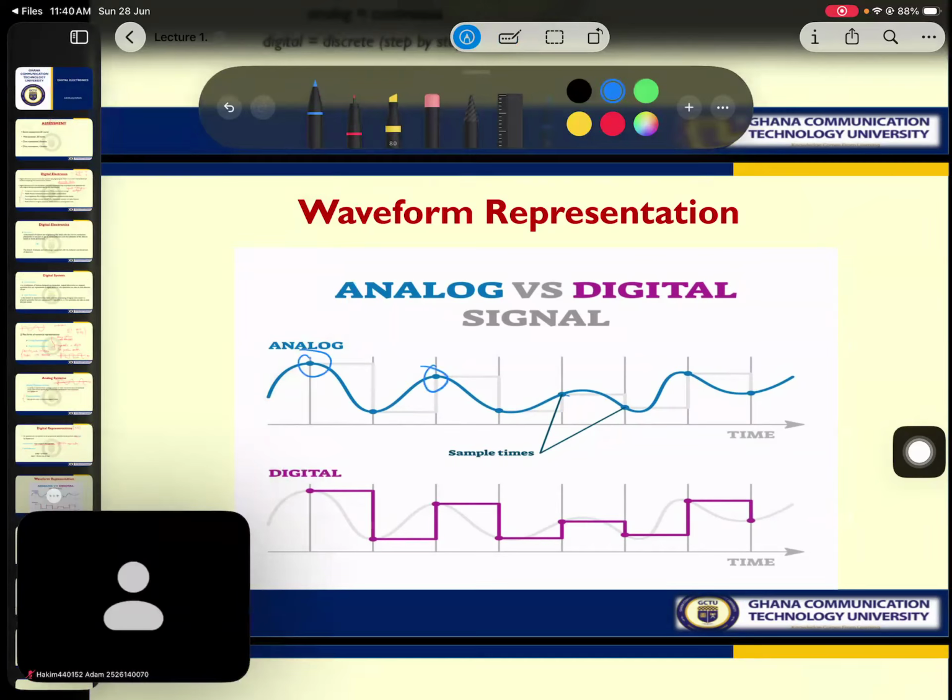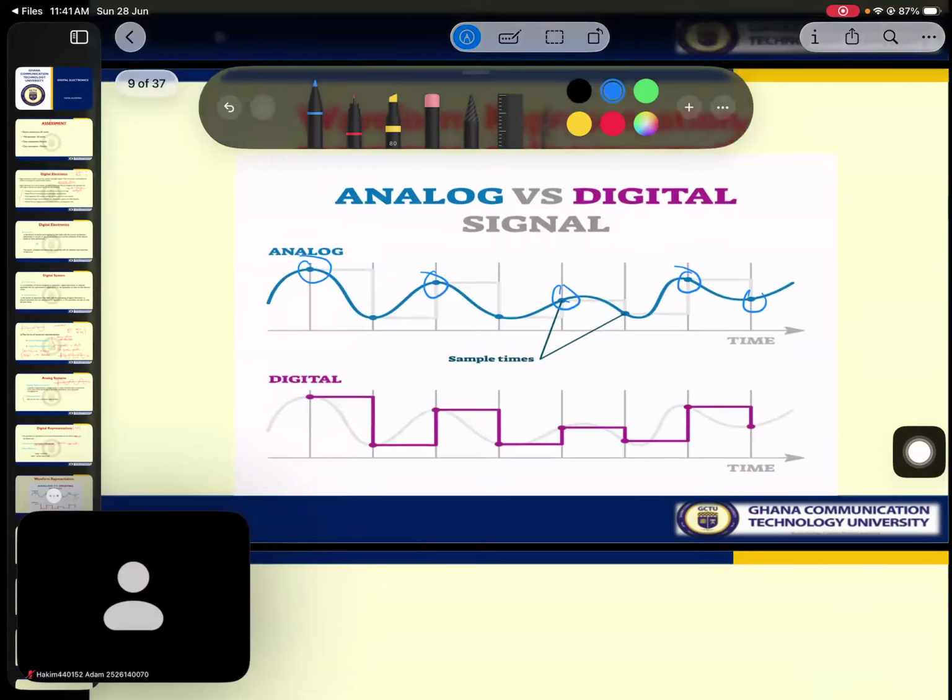We have different amplitudes that are sampled at particular points in time. So that is the representation of an analog signal, which is continuous.